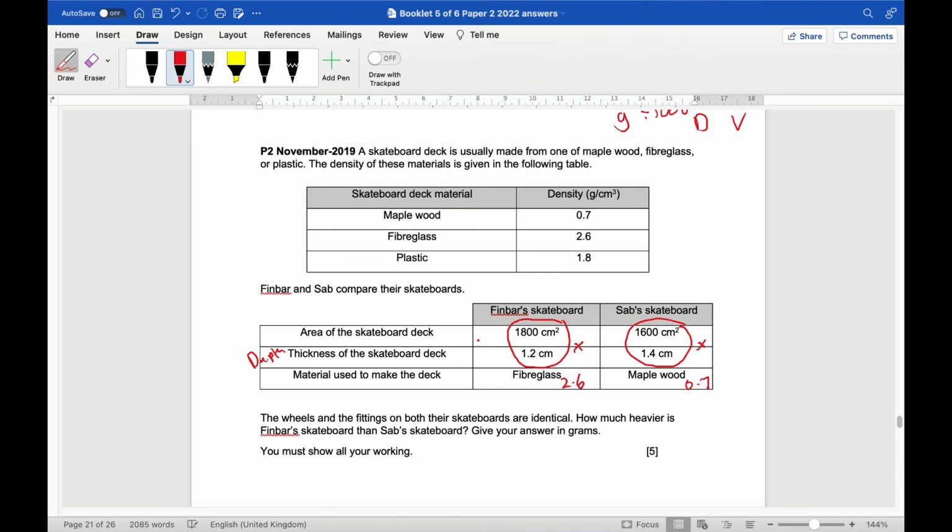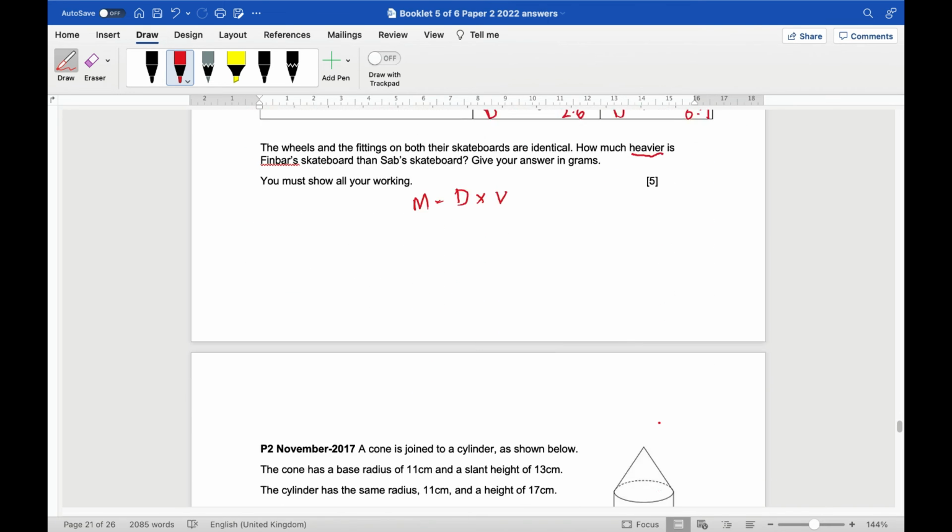So I will now know the volume and the density and I can use that to work out the mass, again, by doing density times volume. I can work out the mass of Finbar's skateboard, I can work out the mass of Sab's skateboard, and I can work out how much heavier Finbar's is than Sab's skateboard by taking them away.